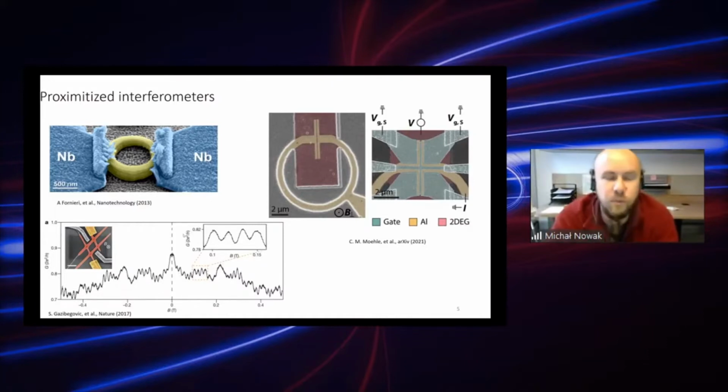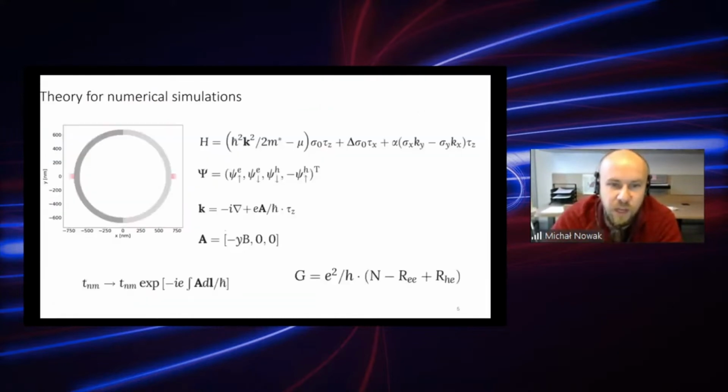So it is possible to contact these interferometers with superconductors, and this is exactly the system that we will explore theoretically. We consider a quantum ring which is partially covered by a superconductor.